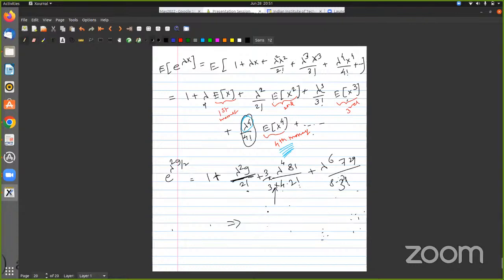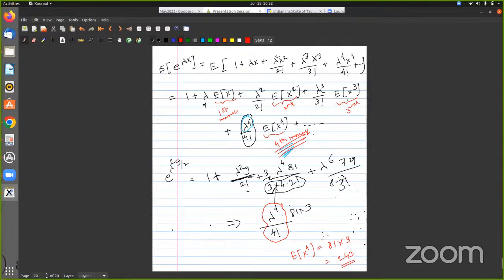So lambda to the power 4 into 81 into 3 divided by 4 into 3 into 2 factorial, which is 4 factorial, 24. The coefficient corresponding to this is my answer. So the expectation of x to the power 4 is equal to 81 into 3, that is 243.